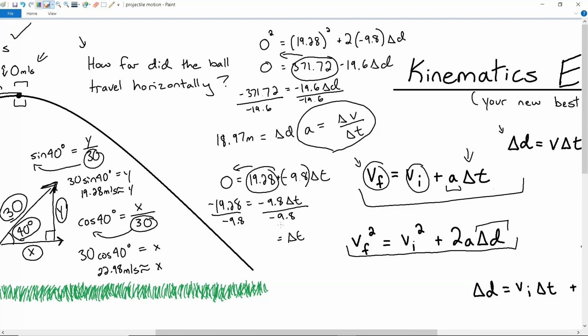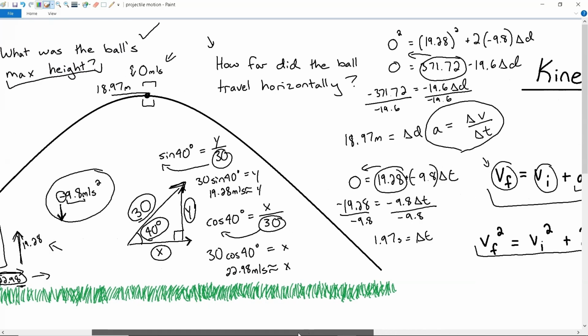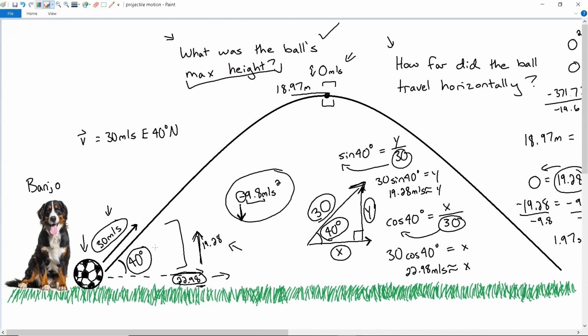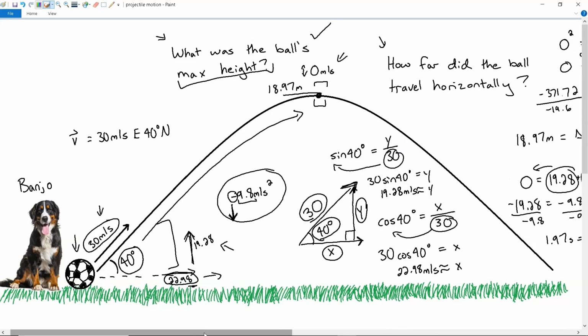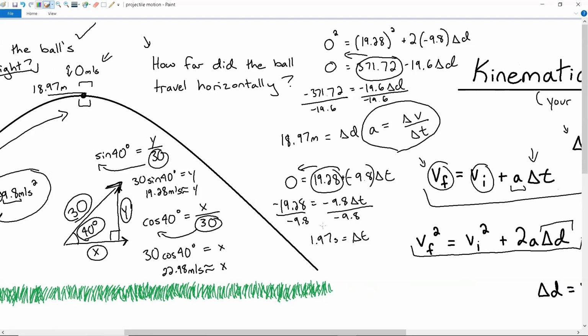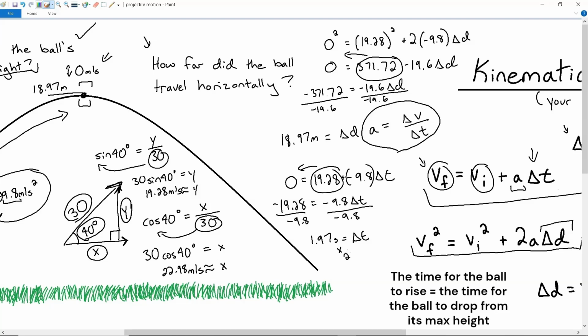And we get a time value of approximately 1.97 seconds. Now, that would only be the time that it takes for the ball to rise up and reach its max height. So what we need to do is actually multiply this value by 2 to get the total time of the ball in the air. So that's going to give me 3.94 seconds.